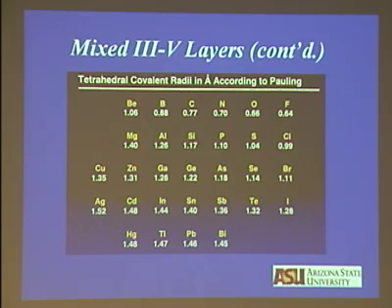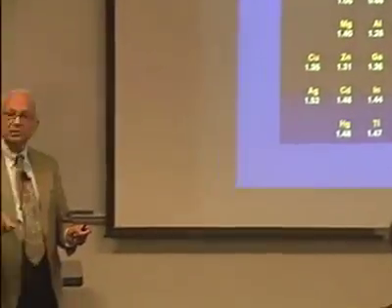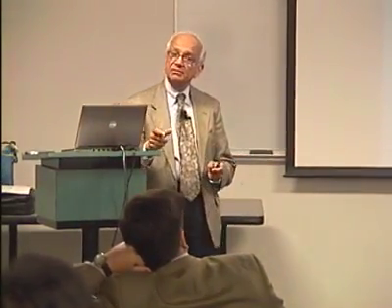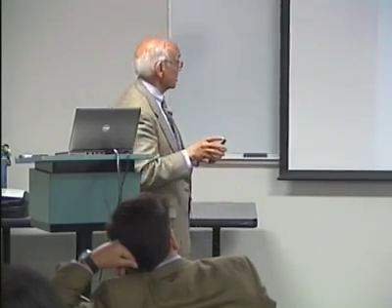In these materials, the atoms are tetrahedrally coordinated in the zinc blende structure. A group 5 atom is connected to 4 group 3 atoms, and the bond length depends on the tetrahedral radii of the material. So indium to group 5 and gallium to group 5 bond lengths are different in the tetrahedra. As a result, there is a tremendous strain in the material. So what the material does is phase separate.